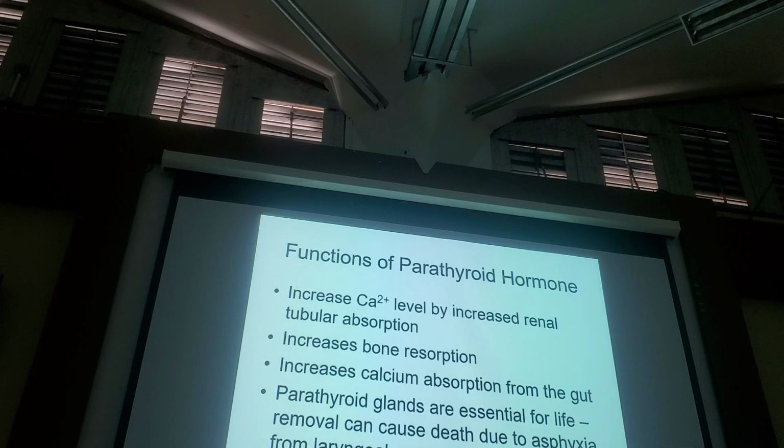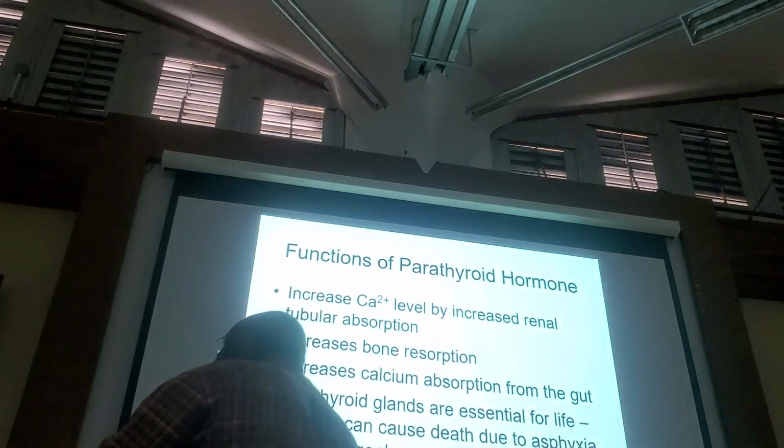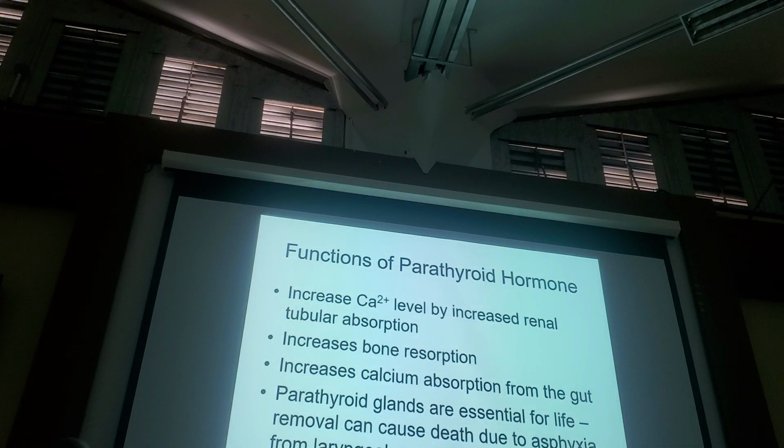But the tubular resorption is, well, if you want to look at it in terms of either the duration or the enormity of what is secreted, but these are the actions, okay? So just take it as the actions, and then we will look at the mechanisms as we go along.